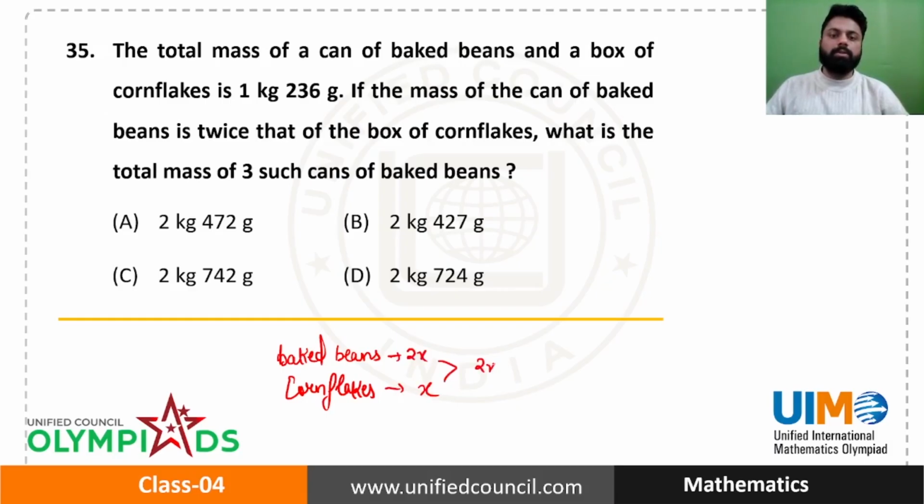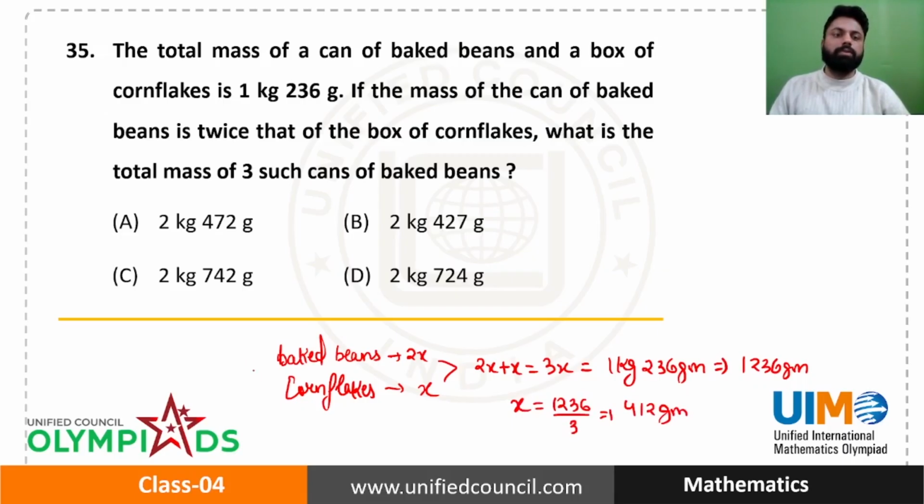Total mass is 2x plus x. 3x is equal to 1 kilogram 236 grams. So this is equal to 1236 grams. X is equal to 1236 upon 3, that is 412 grams. So the baked beans is equal to 824 grams and this is equal to 412 grams.